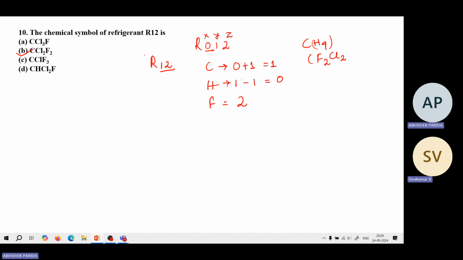You can use that. The only thing is carbon can form four single bonds. Yes, sir. So if there are two fluorine and it doesn't have any hydrogen, what is left? Chlorine only. Okay, fine, sir. Thank you, sir.